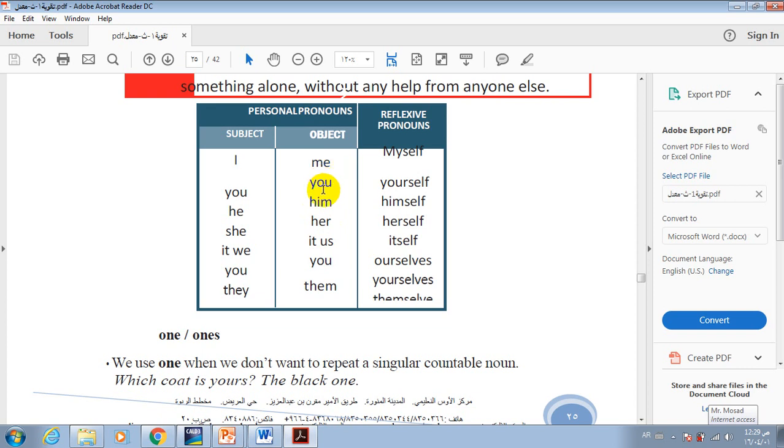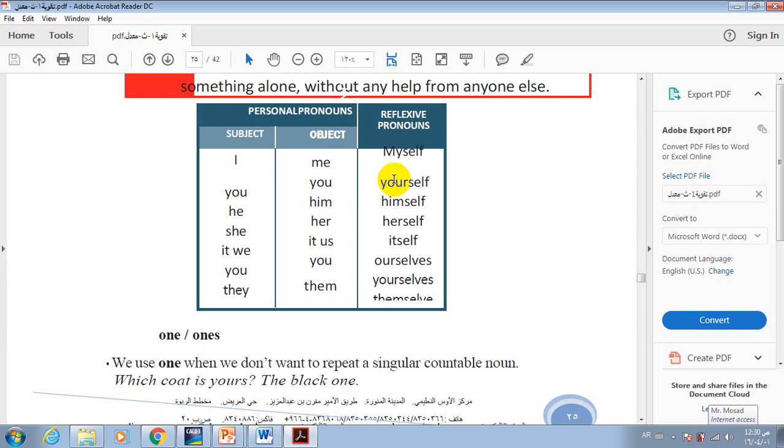Or we can say he can play with him. Here we use the object pronoun him after the preposition with.